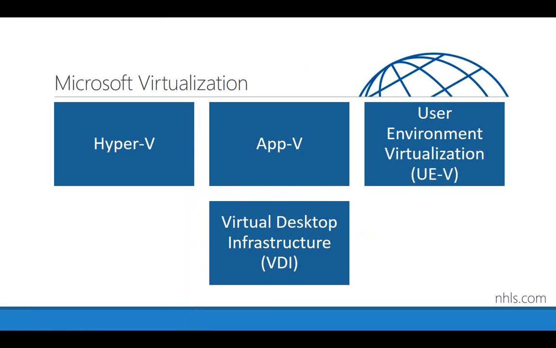Microsoft also has a product called UE-V, which is User Environment Virtualization. That allows us to basically roam settings. So you might be familiar with the concept of a roaming profile. As I roam from one computer to another on the network, my settings follow. But this would actually allow you to roam application settings when I roam between one version of an app and another.